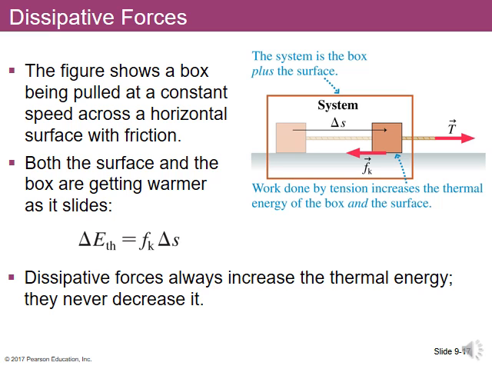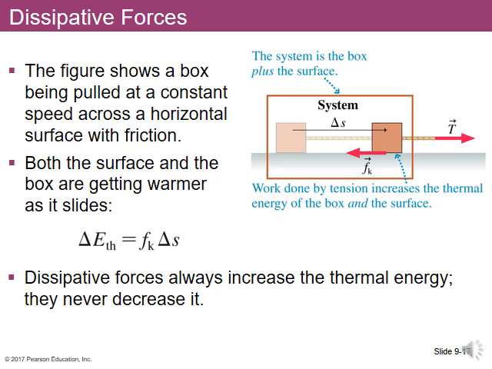How do we figure out how much thermal energy is created or transformed in an interaction? Well, that's a little bit difficult. There's not a simple equation that we can use like we can for, say, the work done by a spring. How much work is done by friction? We have to look at the other forces that are involved.